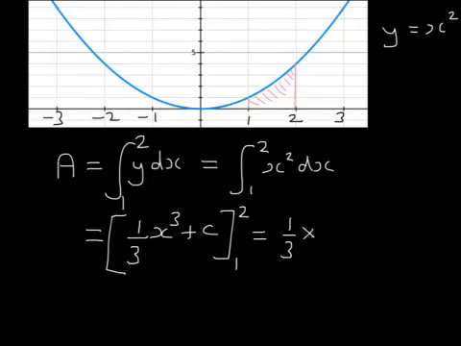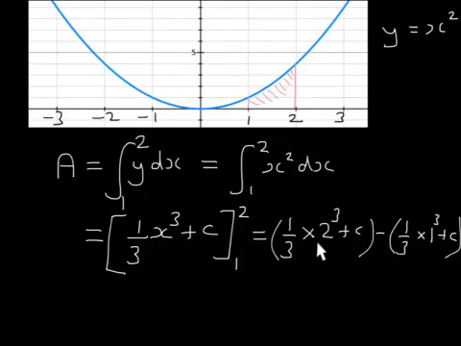So it's a third times 2 cubed plus c minus a third times 1 cubed plus c. Now working out a third times 2 cubed plus c is actually working out the whole area from 2 to 0.